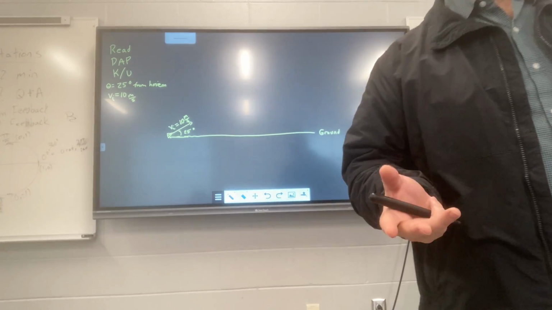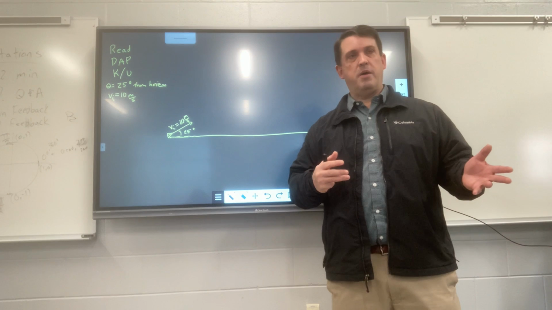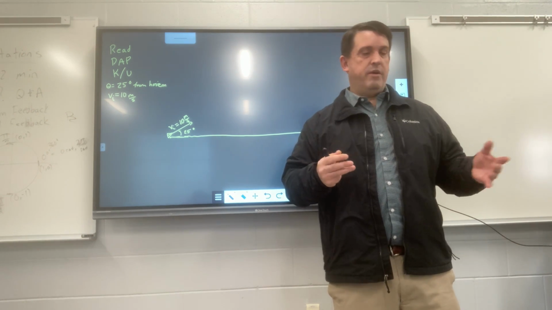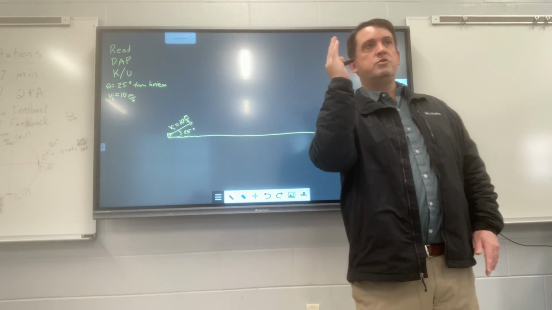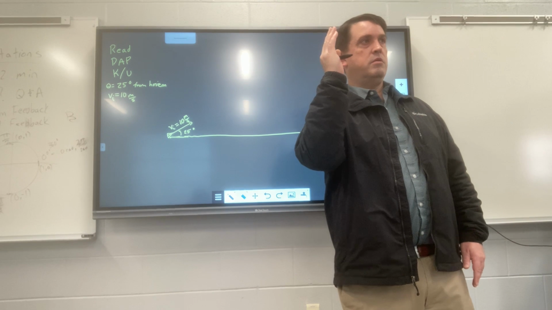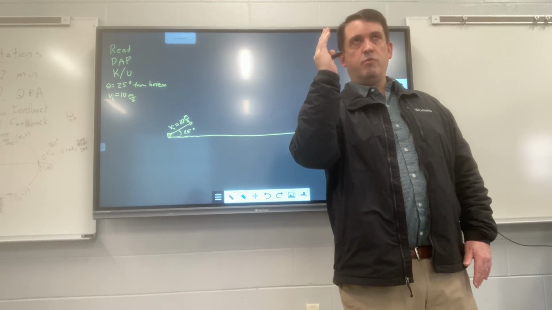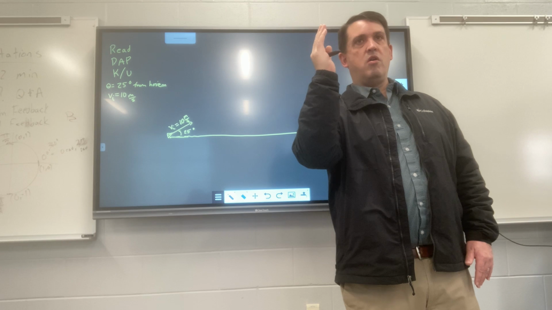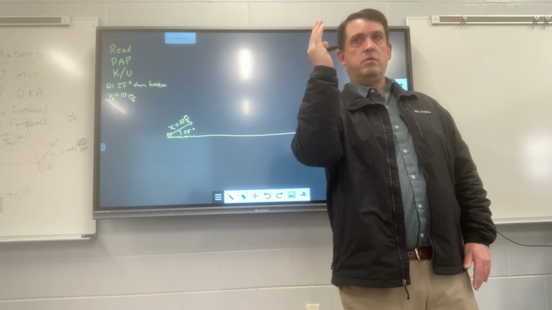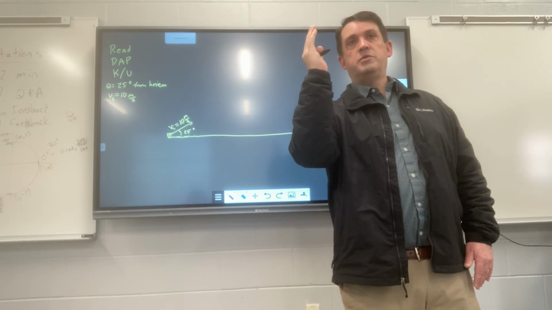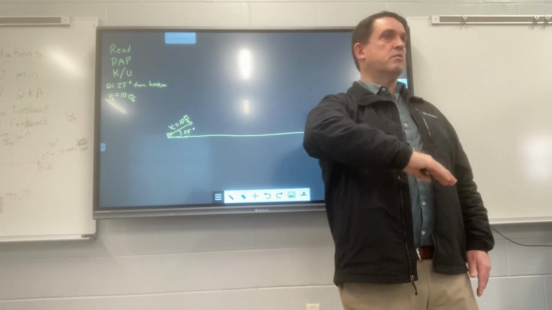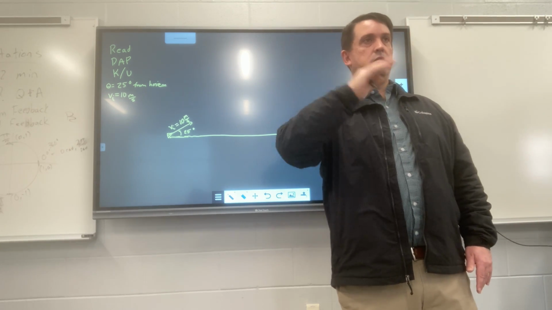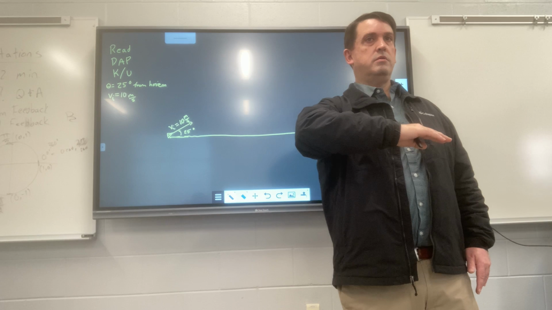So one thing we didn't talk about in the last problem, but we can bring it up now, is when you're firing this thing straight up in the air, you have really the initial velocity is all in what direction? Up, 90 degrees. So what direction is that in terms of our coordinate system?